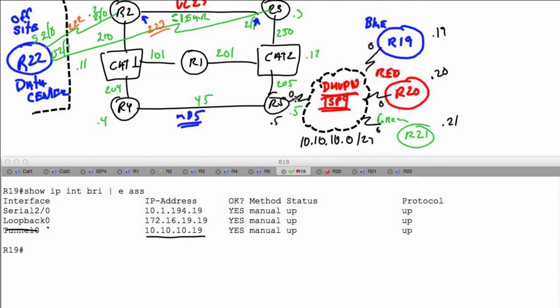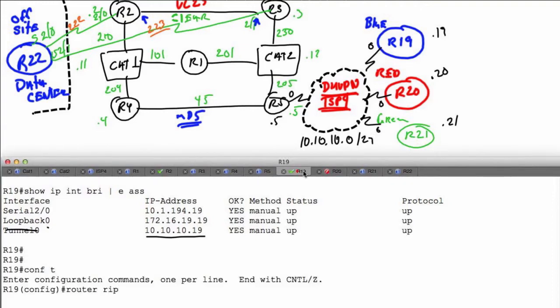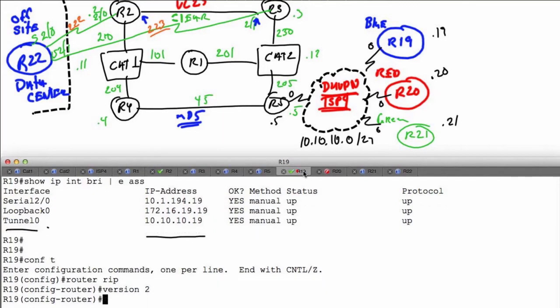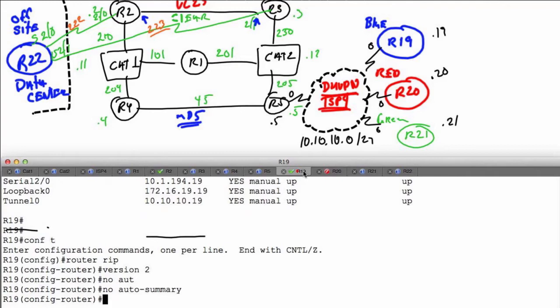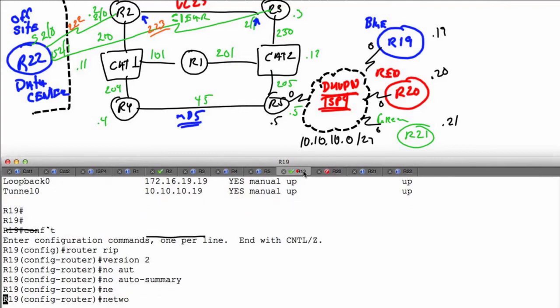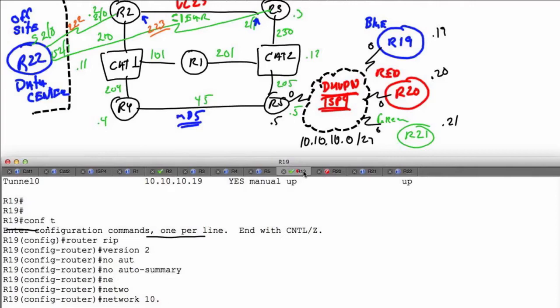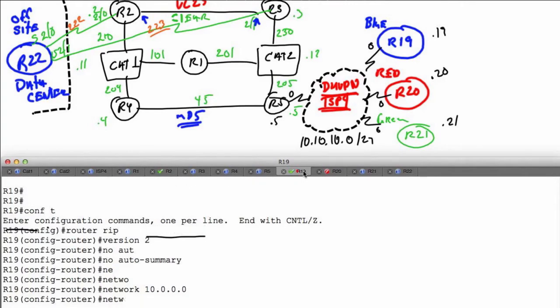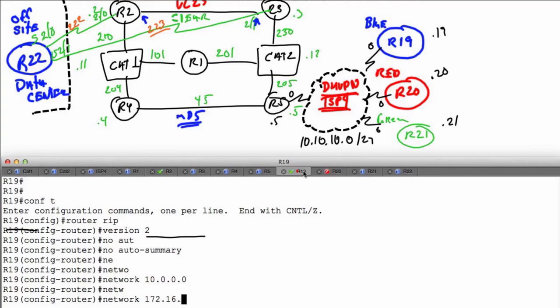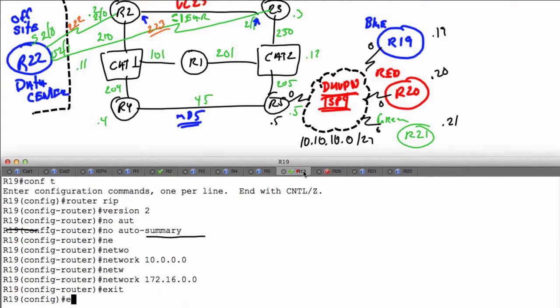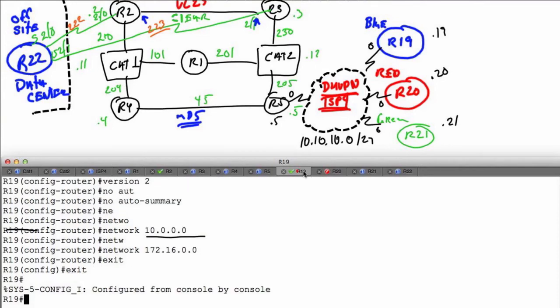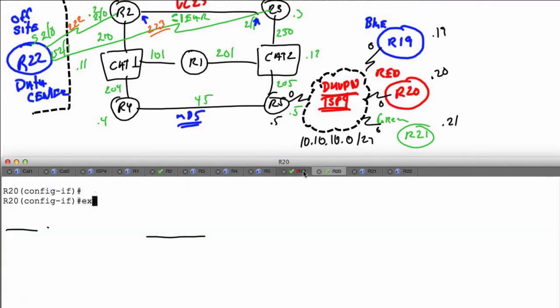Now I'm going to make certain that we run a routing protocol across these tunnels. So let's go over to R19 and do the basic configuration just like we did in the other devices. Config T, router RIP, version 2, no auto-summary this time because we've already explored no auto summarization. And I want to advertise the network 10.0.0.0 and network 172.16.0.0. Exit, exit. Let's cut over to 20 and do the same thing.